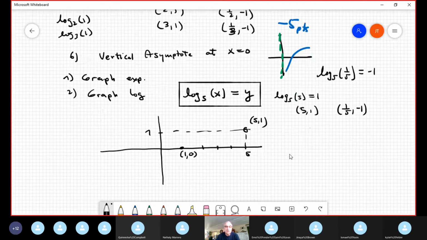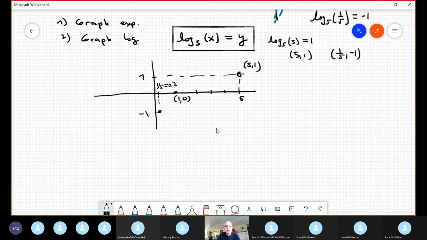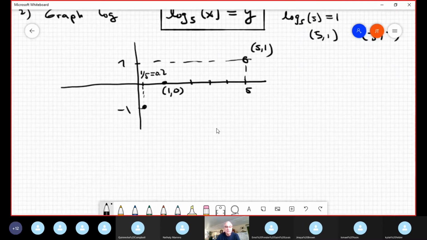For 1/5, suppose I divide this segment into 5 portions. 1/5, 0.2 in decimal, comma -1. Here I plot that point. I have 3 points in my hand. And I also know by the property of the logarithmic graph that we have one vertical asymptote at x equals 0 here.